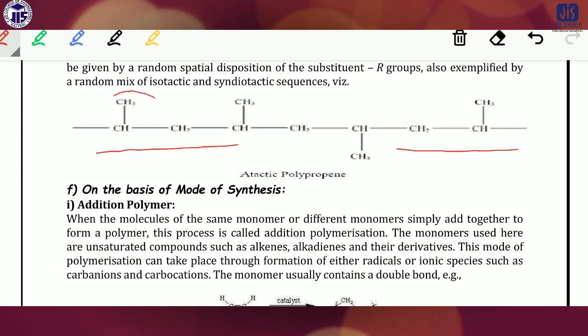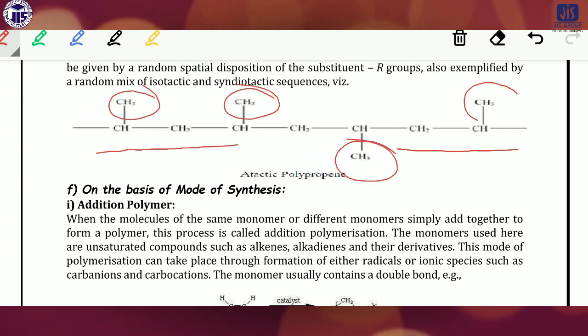It may be here, it may be here, or it may be here. There is no particular order that it maintains. So this is called the atactic polymer.